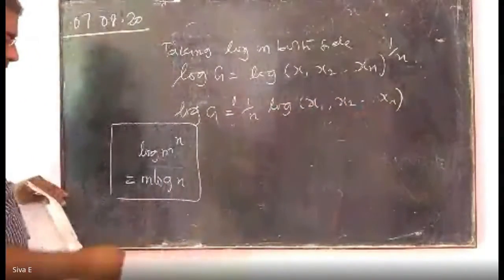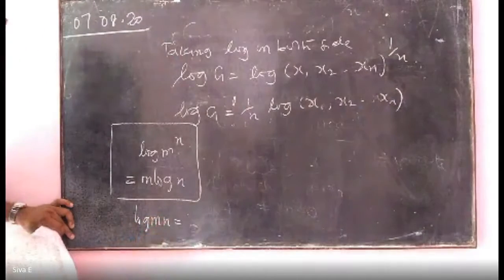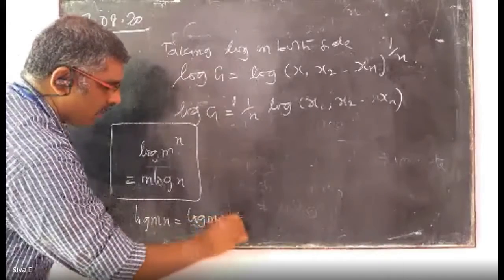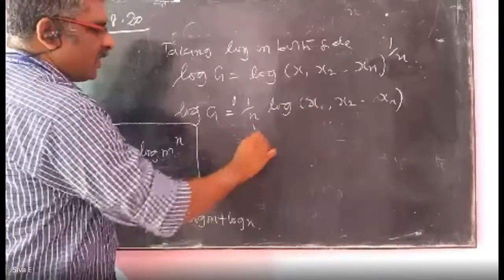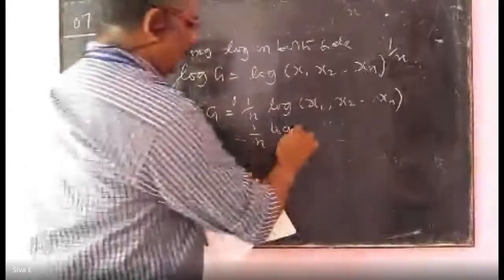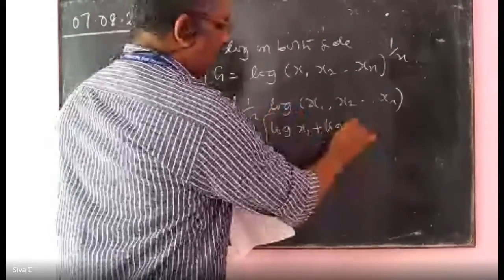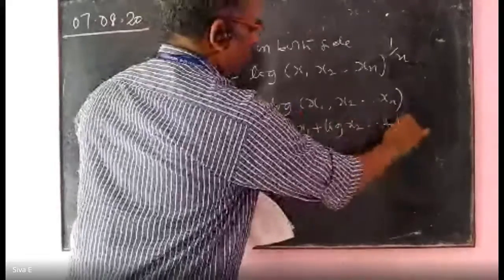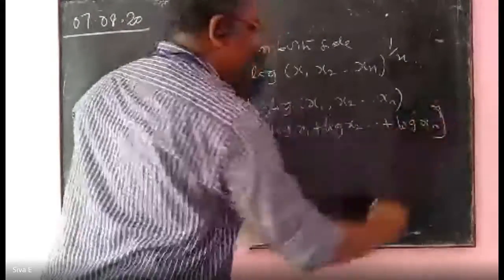One more formula is there. What is log mn? Log m plus log n. Good. So based on this, it is equal to 1 by n into log x1 plus log x2 plus ... plus log xn.